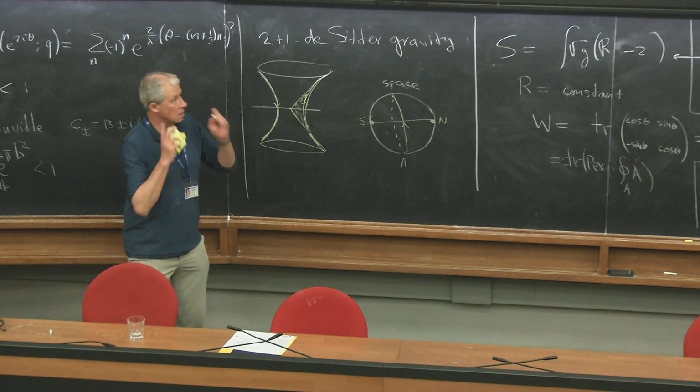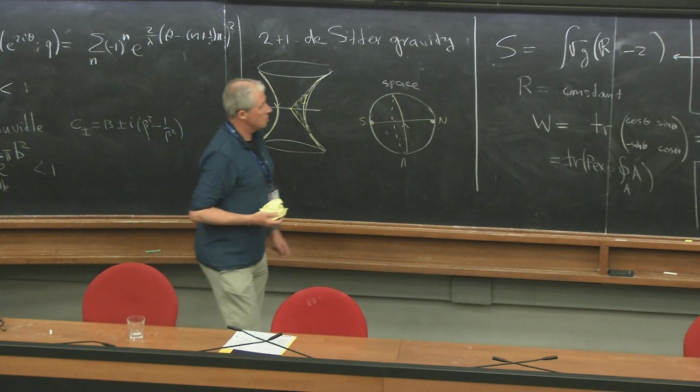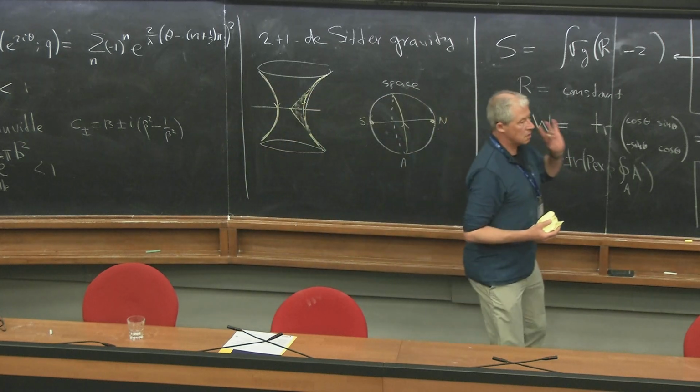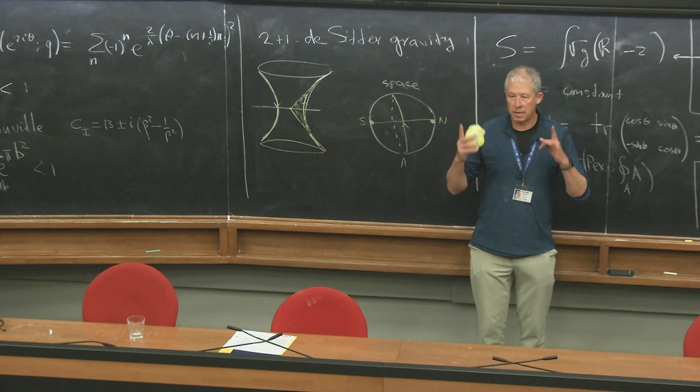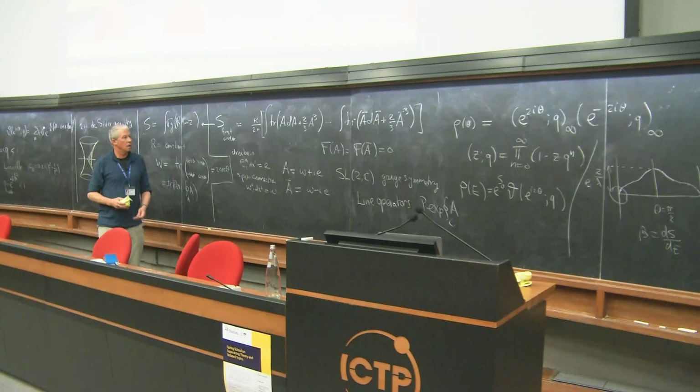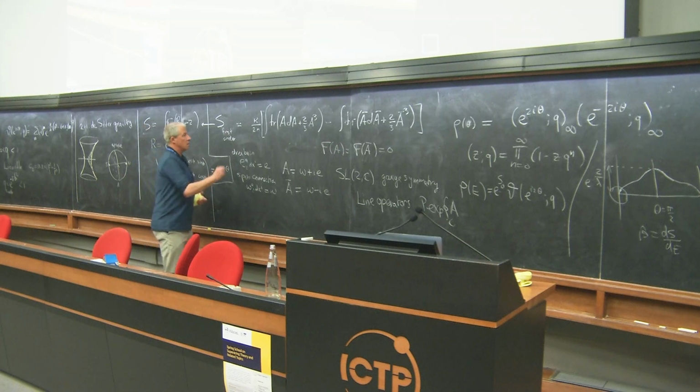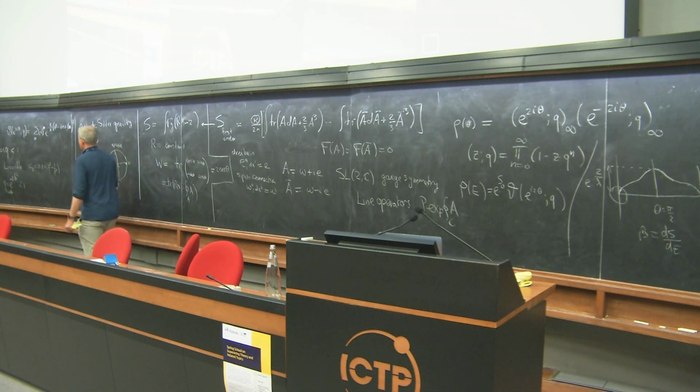Let me see. I'll try to fit what I want to do in 15 minutes, which means I'm going to make the following remark very quickly. It turns out that in Chern-Simons theory, you also naturally have a Q factor.